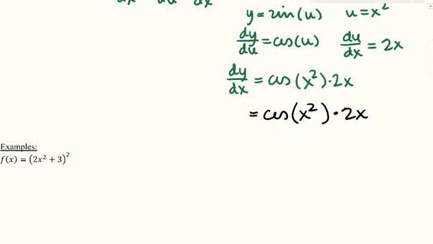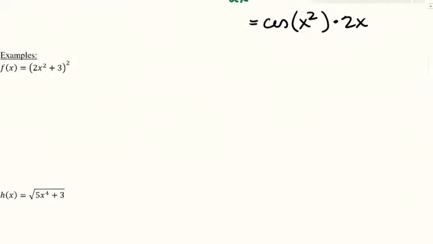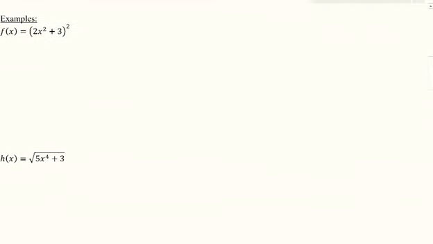I'm going to move pretty quickly through the examples because there's some other things I want to show you too. So I'm going to start with f of x is 2x squared plus 3, then squared. And yeah, we could probably expand this out and take the derivative using the power rule. But what if this was 2x squared plus 3 not squared, but to the 5th power?